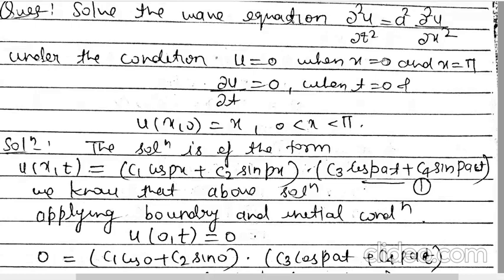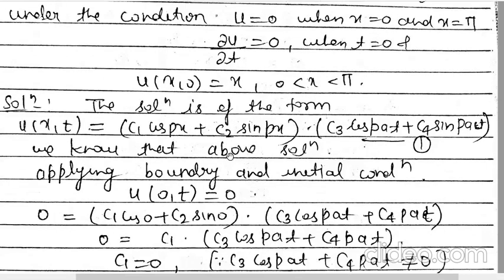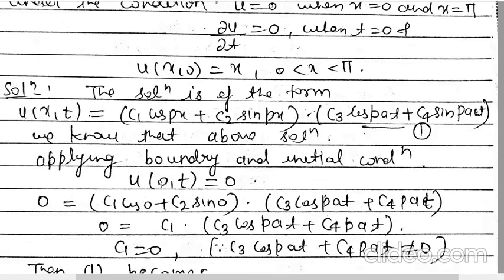The first condition is when x is equal to 0, your solution is also 0. So just apply it here: 0 is equal to this into this one. This bracket can never be 0, because if it is 0, our whole solution will be 0 and the hypothesis will fail, right?